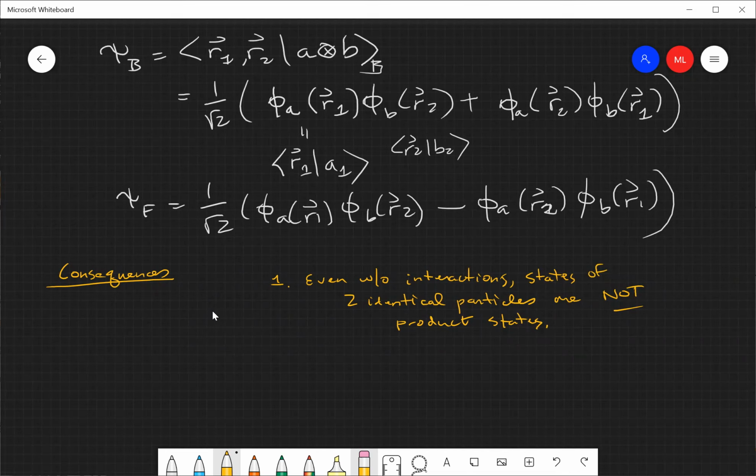It won't be a product state. And again, if this terminology is not familiar to you, look back at the notes from last semester when we covered entanglement.